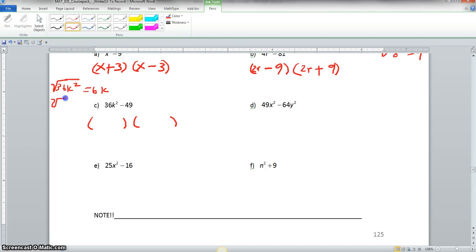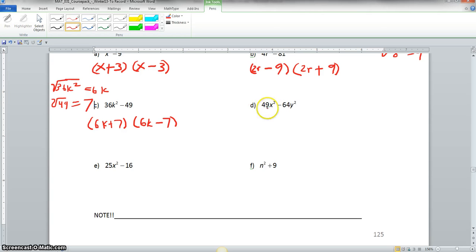And then the square root of 49, we know is 7. So we have the difference of two squares here. So what we would do next is this here. We will put it inside those parentheses. So we will have 6k plus 7 and 6k minus 7. And that is our final answer.